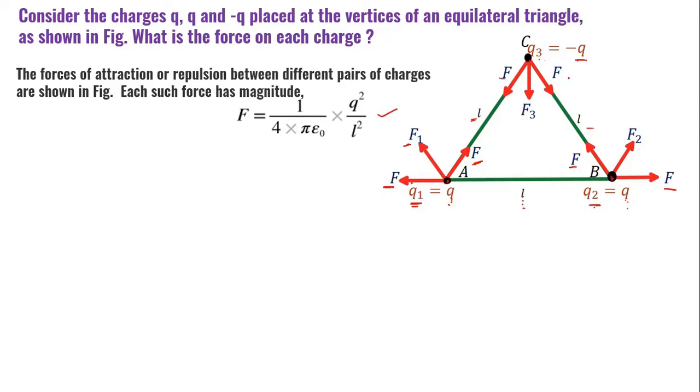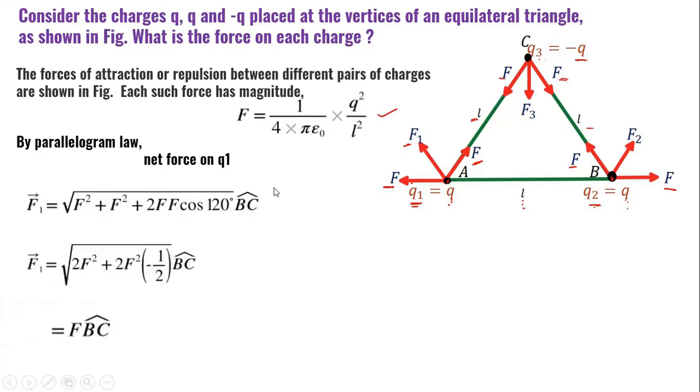But the magnitude will be the same, which is F, because they are separated by a distance of L and their magnitudes are Q and Q. So again the formula will be, whether we have attraction or repulsion, the magnitude is 1 upon 4 pi epsilon naught Q square by L square. So this is the general formula we have just derived.